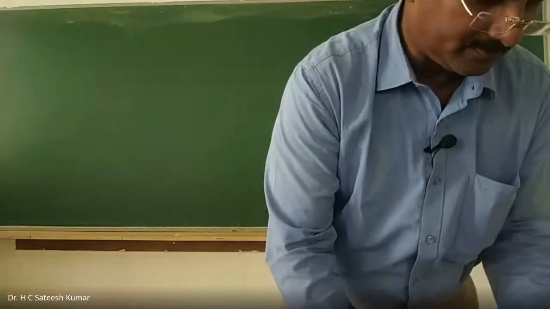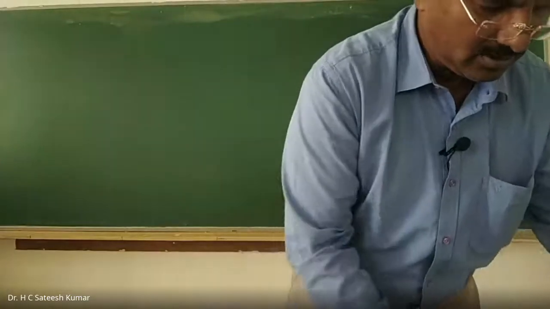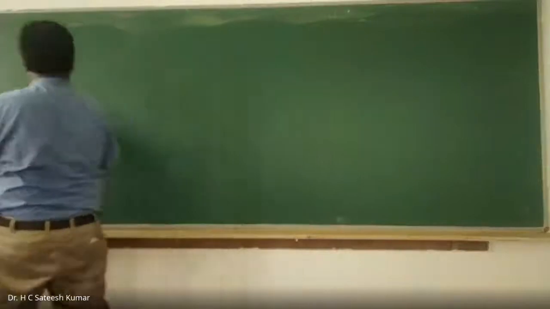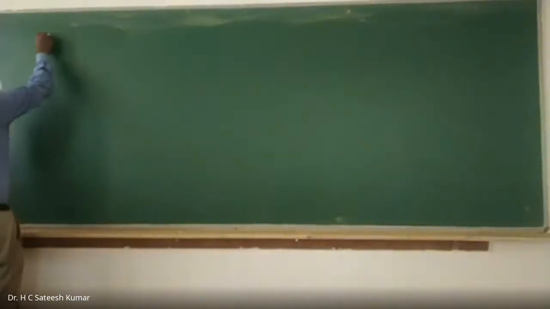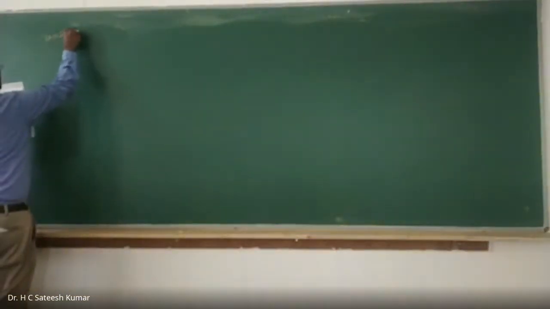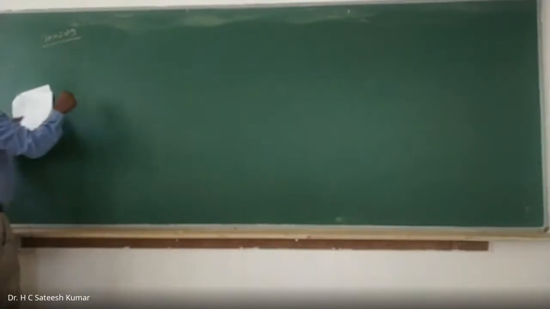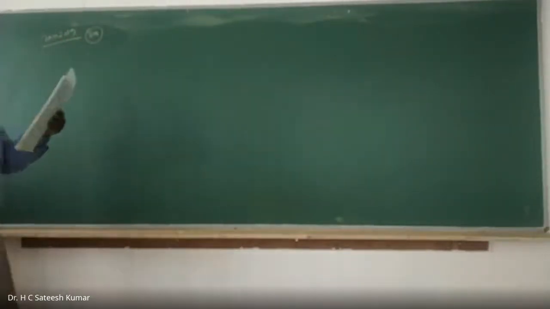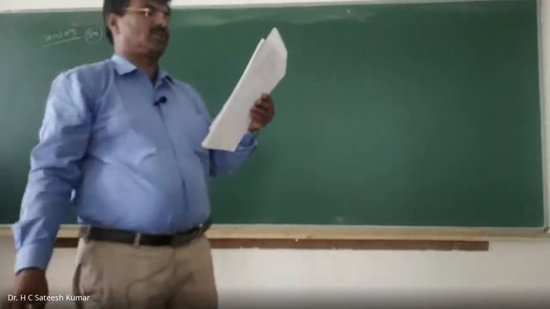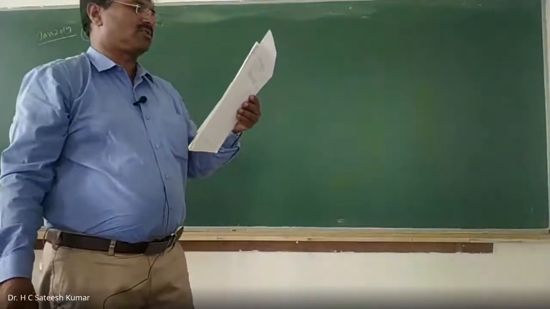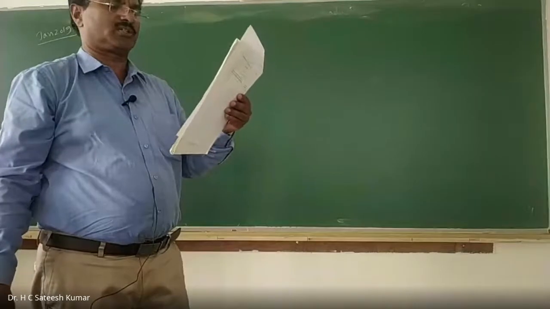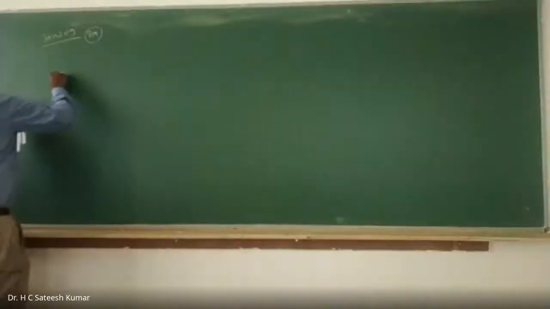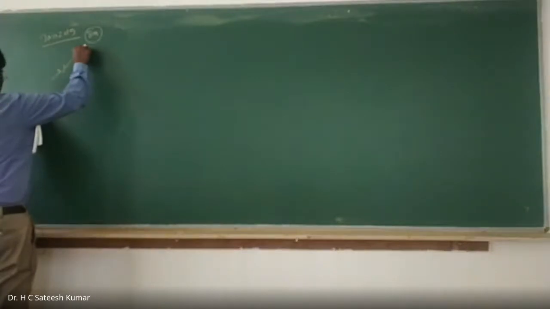This is a question from January 2019, and it was asked for 8 marks, one of the recent papers. The question: reduce the network shown in the figure to a single voltage source in series with a resistance using source shift and source transformation. This is repeated more than 6 or 7 times in the examination.